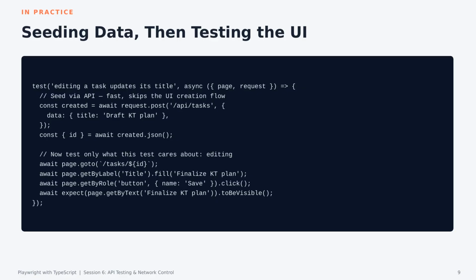We navigate to that task's page, fill in a new title of 'finalize KT plan', click save, and assert that the new title is visible. Notice how focused this test actually is. It's testing exactly one thing, editing, and it's not wasting any time reproving that task creation works, because that's simply not what this particular test is about.